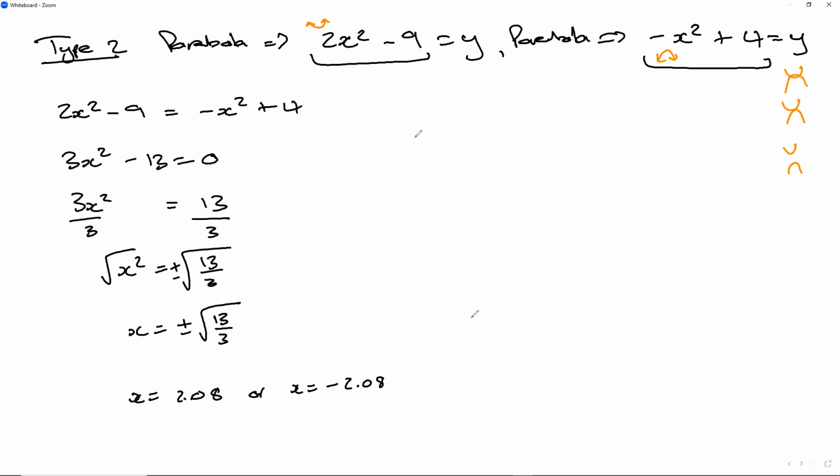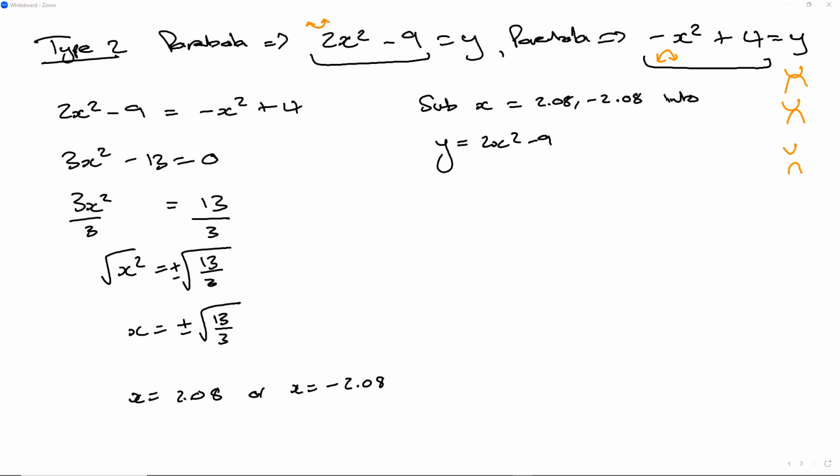Now, from this here, I'm going to substitute x equals 2.08 and negative 2.08 into either one of these two. It doesn't really matter. They both have x squared terms. So let's just use the first one. y equals 2x squared minus 9.